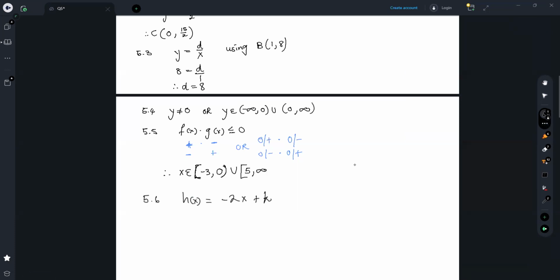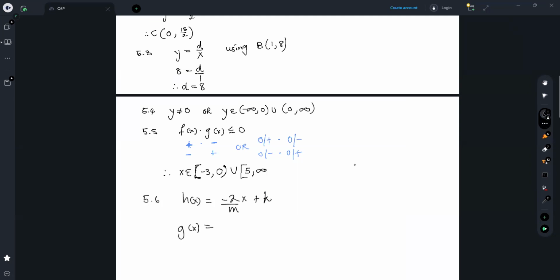Remember that this negative 2 here represents the gradient. So we have to derive the function of g and find the x values which will give us a gradient of negative 2. Then we can use that piece of information to solve for the values of k, where h of x would be a tangent to the function of g. So let us go on.